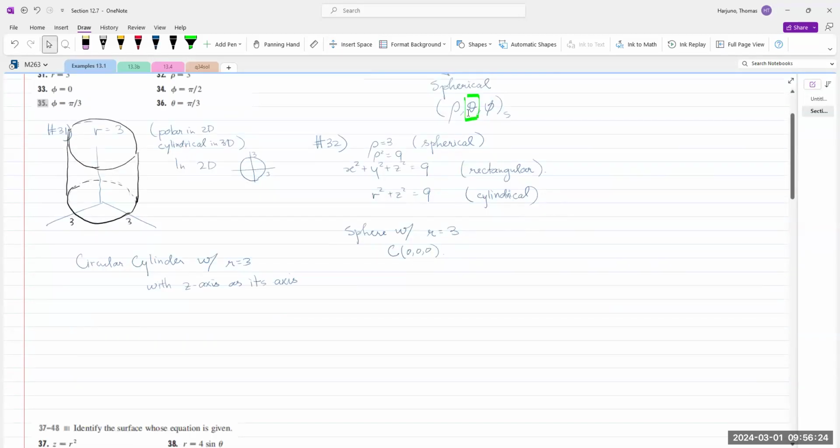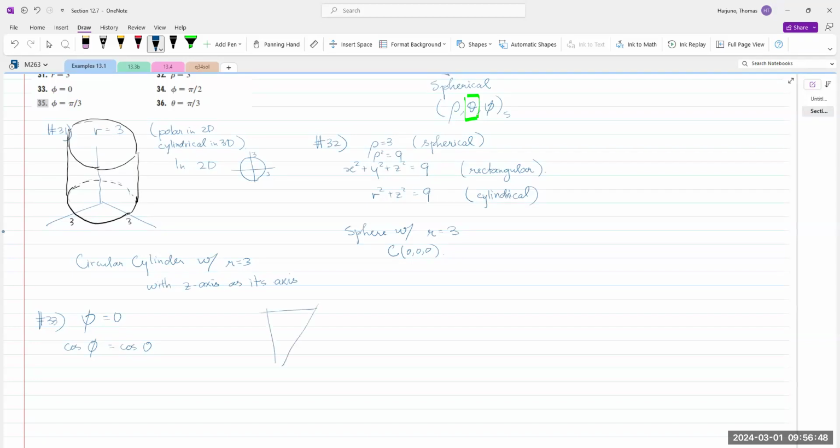Number 33, how about phi equals 0? Now, this is the same as cosine phi equals cosine 0, right? But cosine phi, if you remember, is z over rho.